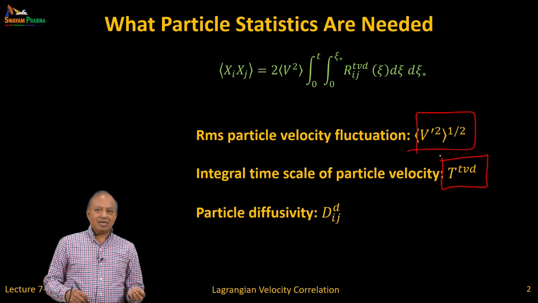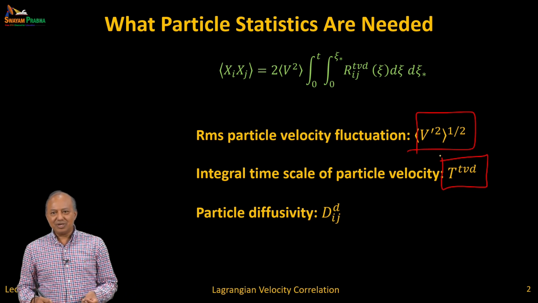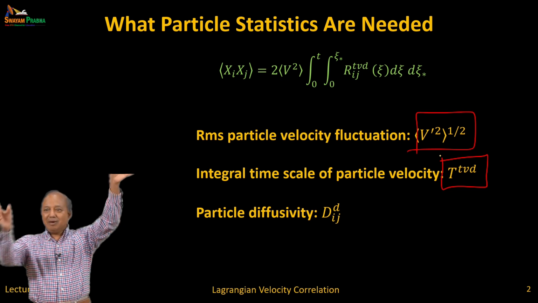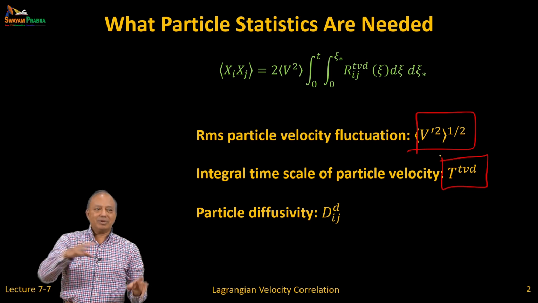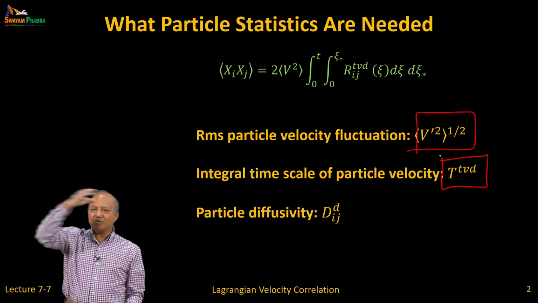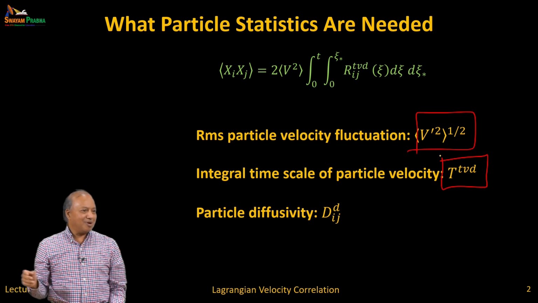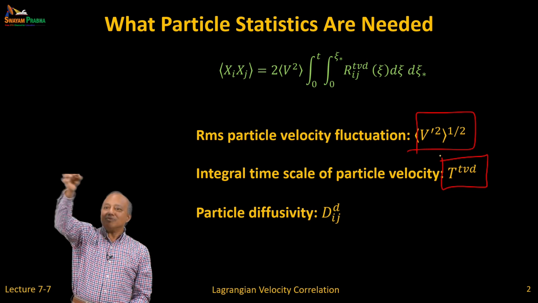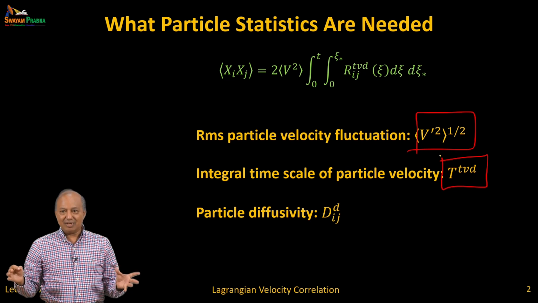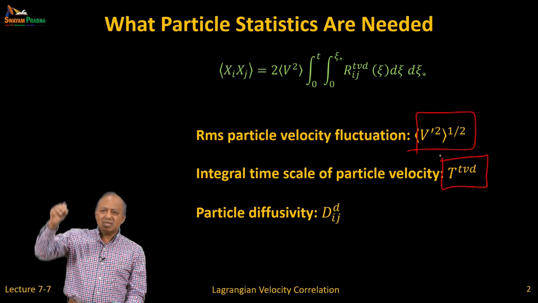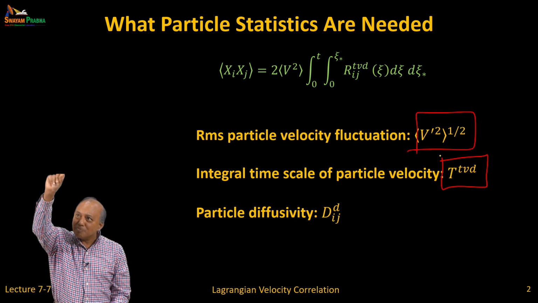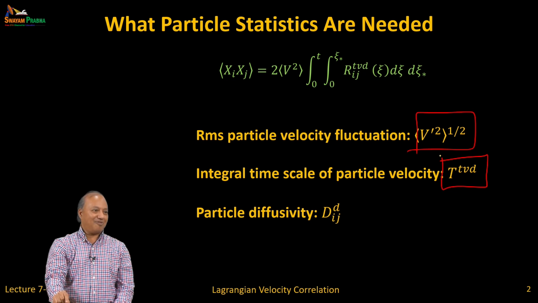On the other hand, if particles have large inertia, it may not want to change its velocity. So imagine a particle falling down in a turbulent flow, a very turbulent flow being buffeted left and right and so on. A tiny particle will just follow the fluid, and its fluctuating velocity will be large. Change the particle size or make it very dense, it probably will cut across and will start falling down.